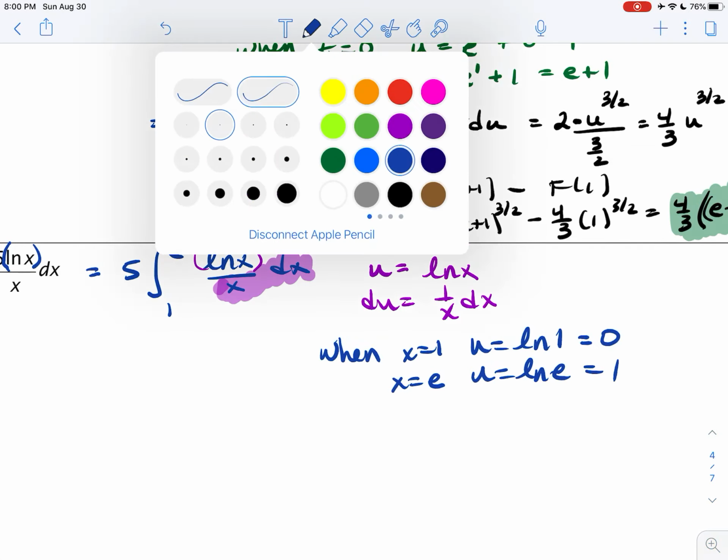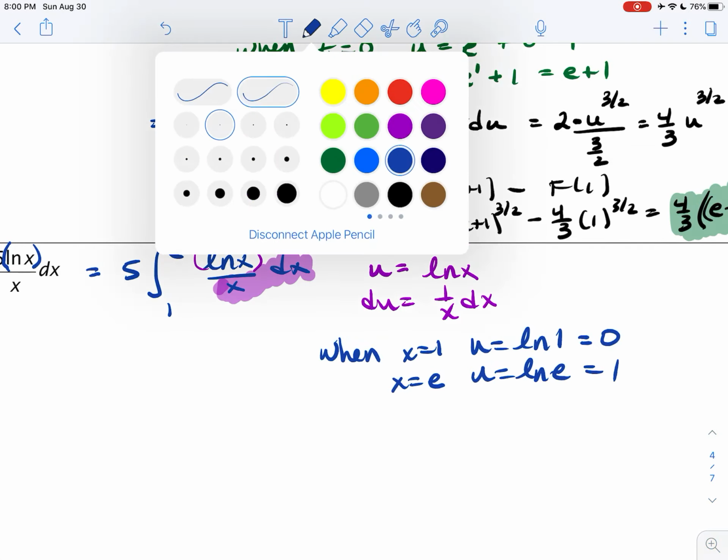So now I've changed my limits of integration, so I don't need to back substitute, and I'm going to transform. This is going to be 5 times the integral, and now my first u is going to be 0, and my upper limit of integration is going to be 1, and now I just have u du, right?